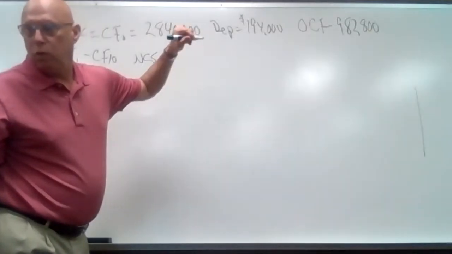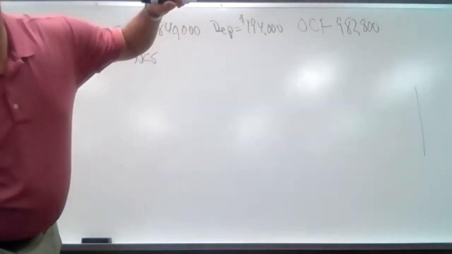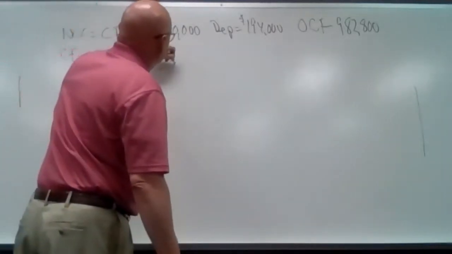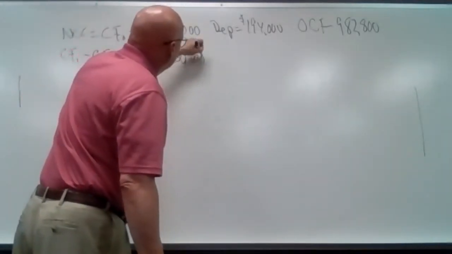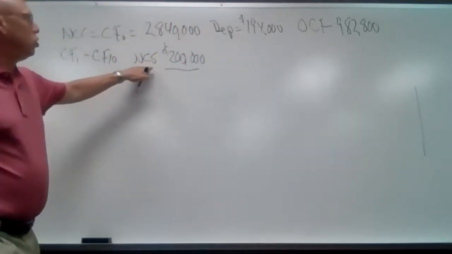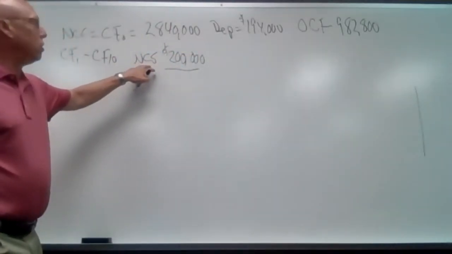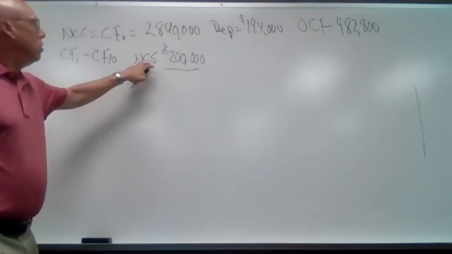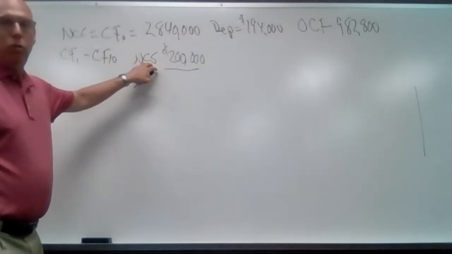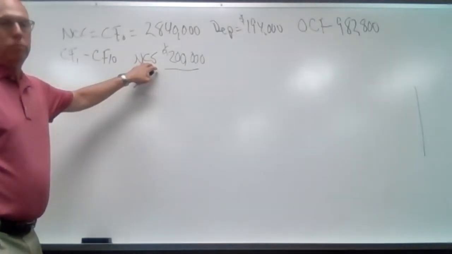Let's see. Let me run up here. Yeah, 200,000. Now this could get a little sticky because the 200,000 that we spend to reinvest in our equipment would come out of our cash flows, but we could also add that back into our depreciation.